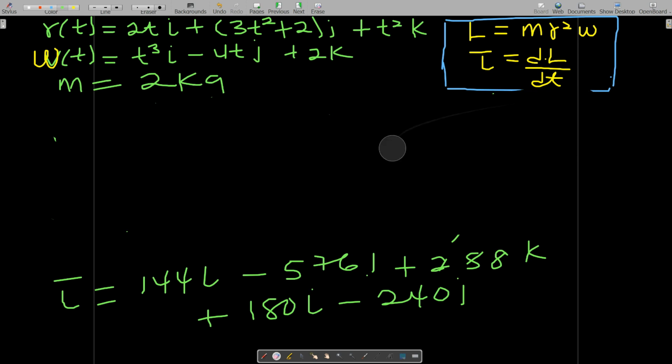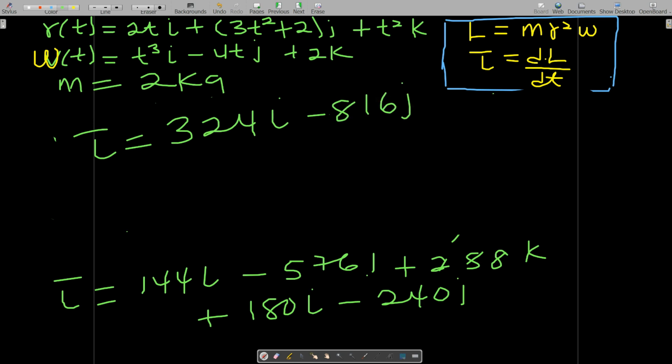Okay, so our torque will be equal to, now 144i plus 180i, 144 plus 180, and it's 324i, and we have minus the j, we have 576 plus 240, we have 816j.